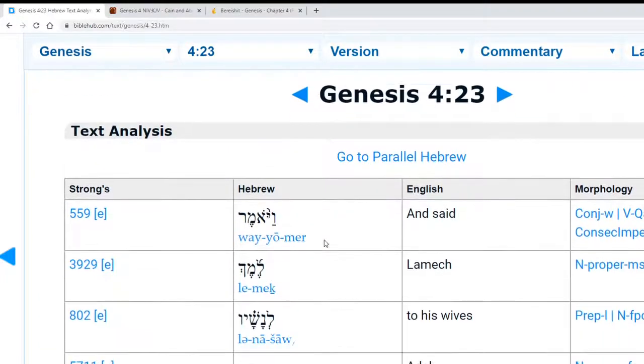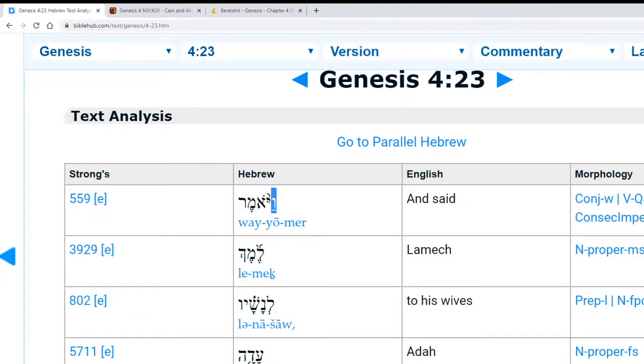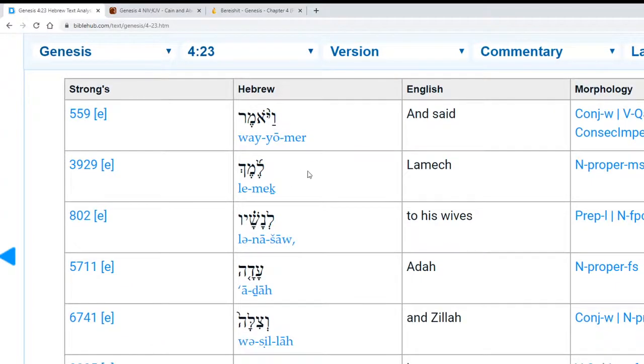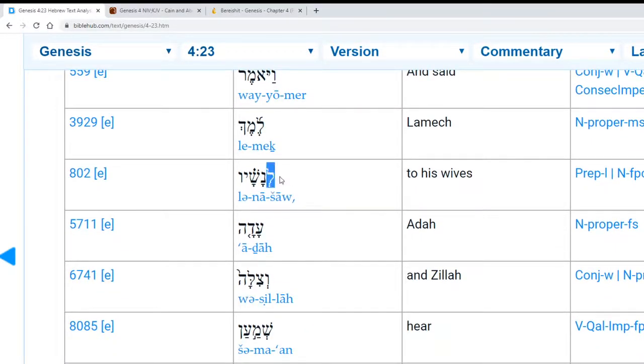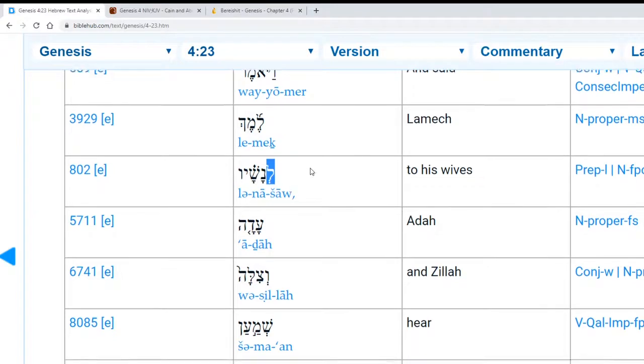Okay, let's see here. Vayomer, so conjunctive vav, imperfect of amar, to say, lemech, le nashav. So it is the prepositional lamed. Nashav means his wives, right? So nashim is women. Nashav is his women, his wives.